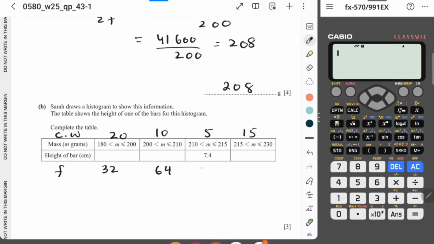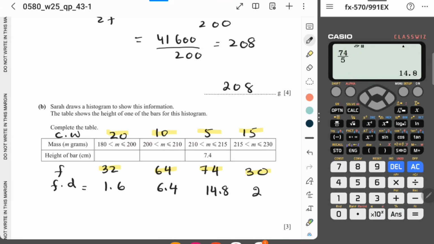So frequency density is frequency over class width: 32 over 20 is 1.6, and 64 over 10 is equal to 6.4, and 74 upon 5 is equal to 14.8, and 30 over 15 is equal to 2.